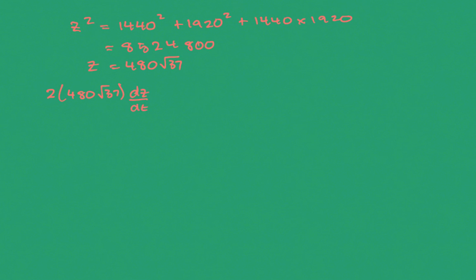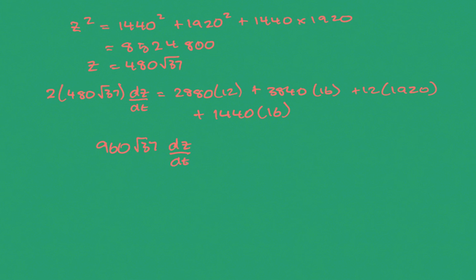Now putting it into our second equation. 960 root 37 dz/dt equals 142,080.